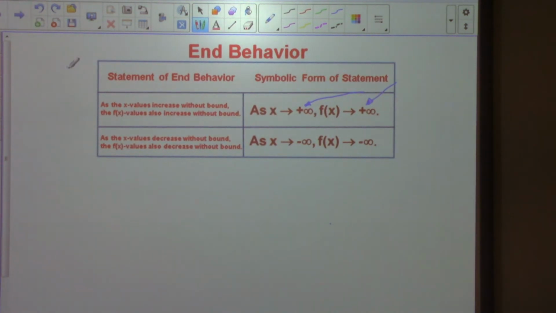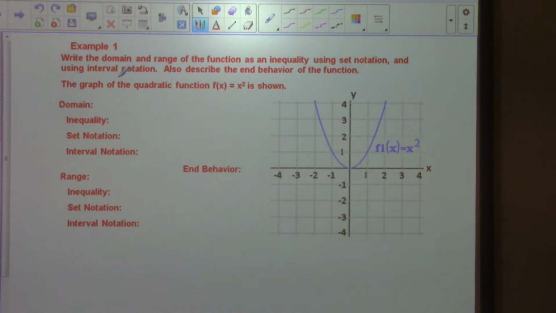Okay, Peyton, you're the last man standing. Right, all right, okay, I got it.